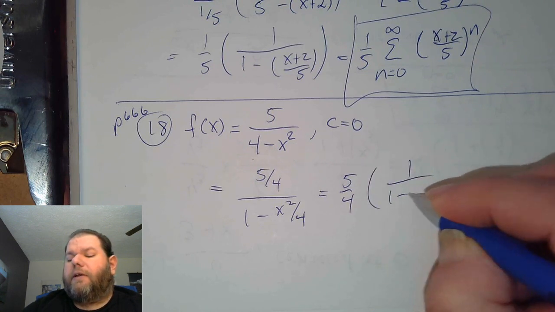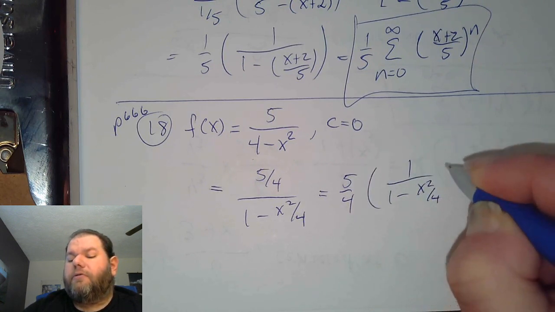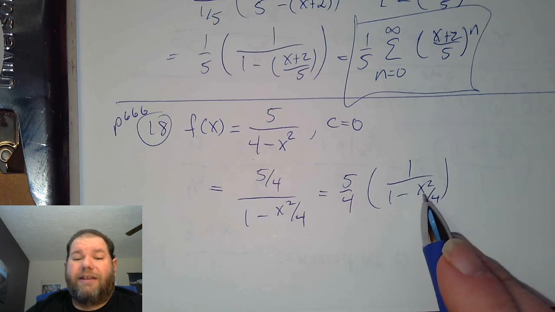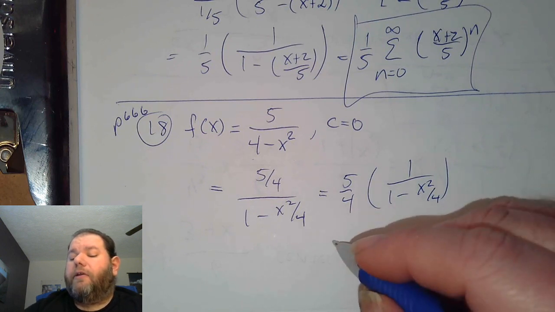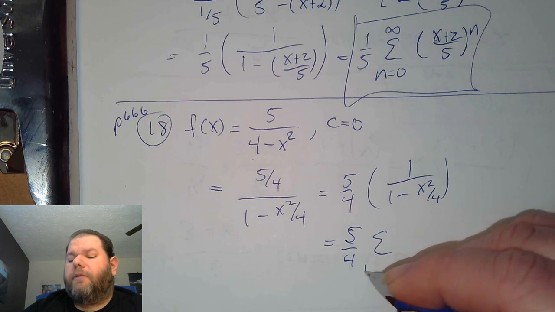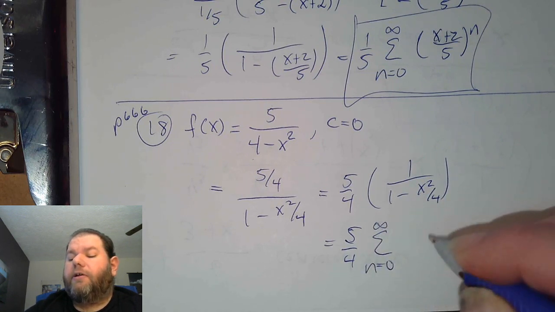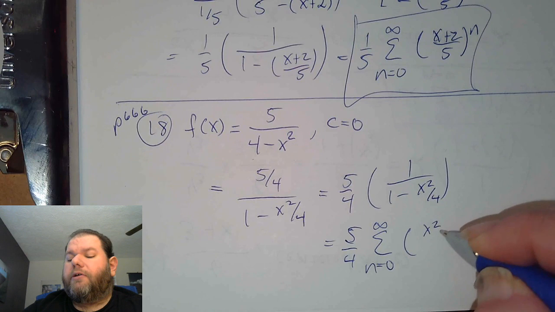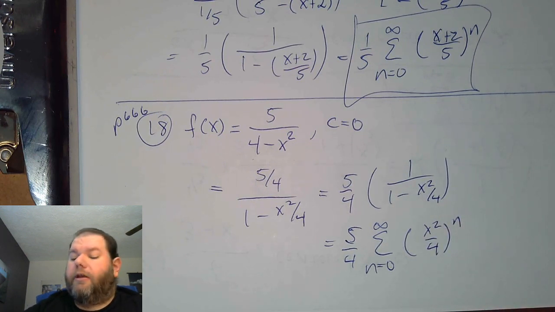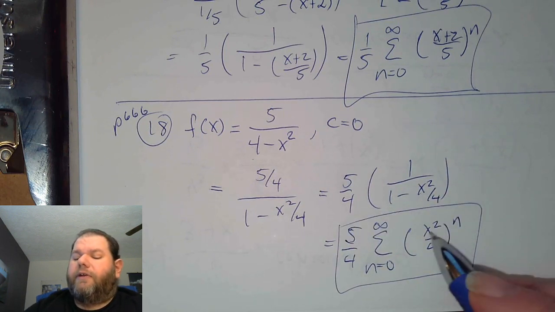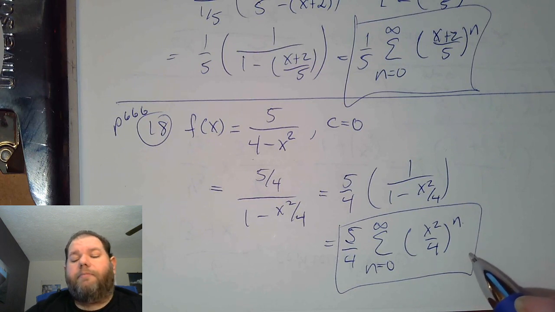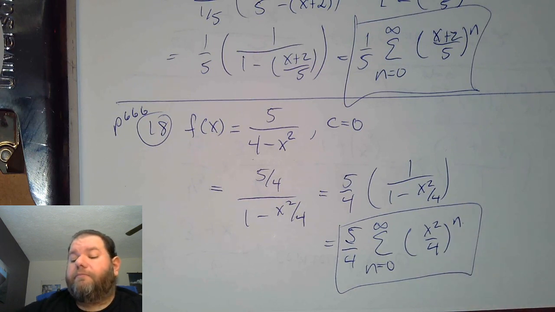Again, same steps that we would normally do. And then this is 1 over 1 minus f of x. We know it's this thing to the nth power inside. So we get 5/4 times the sum, n equals 0 to infinity of x squared over 4 to the nth power. And that's actually good enough. Now we could say x to the 2n over 4 to the n if we prefer, but we can leave it like that.